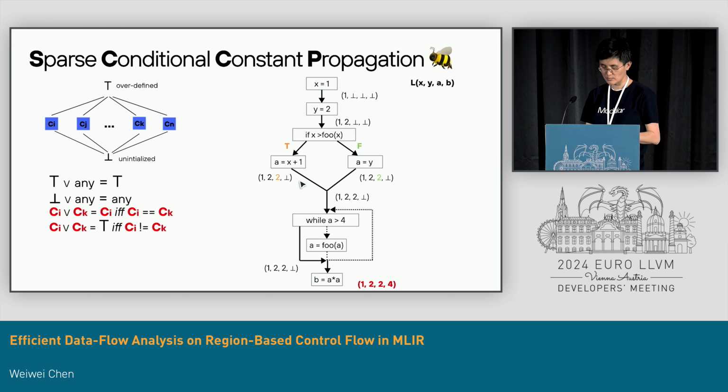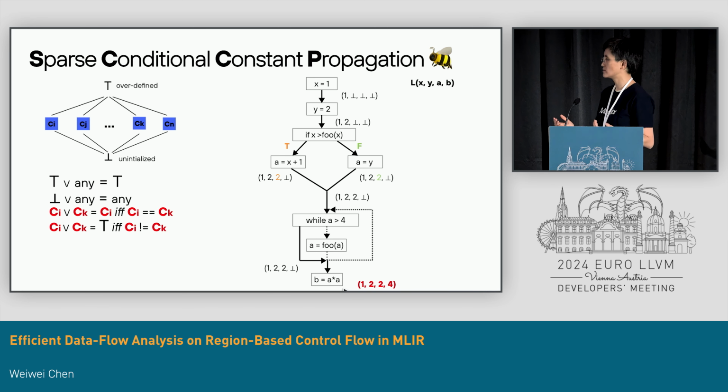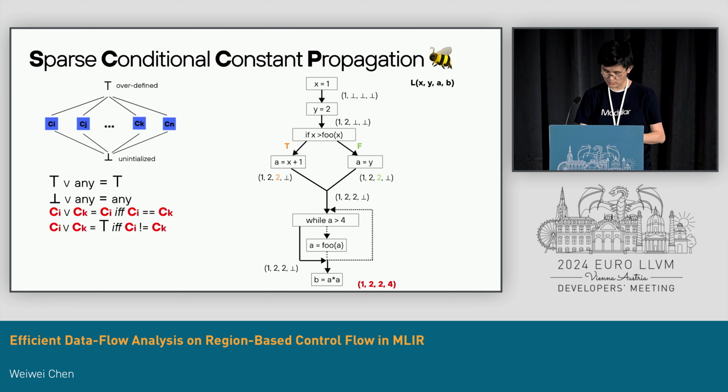Because 2 and 2 are the same, the join result becomes 2. Now we know that this condition will never be true, so we can get rid of this branch. The loop is gone, and we can propagate the value, so b becomes 4. This is pretty simple how SCCP works: while we're propagating the constant, we cut some of the branches.